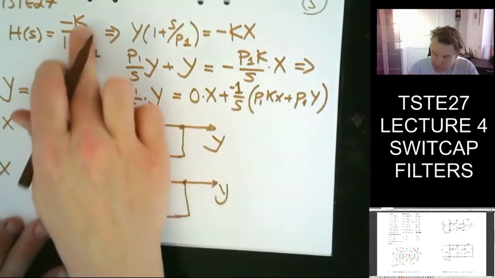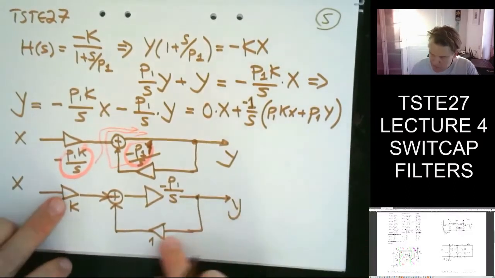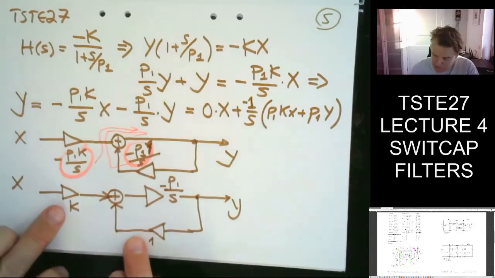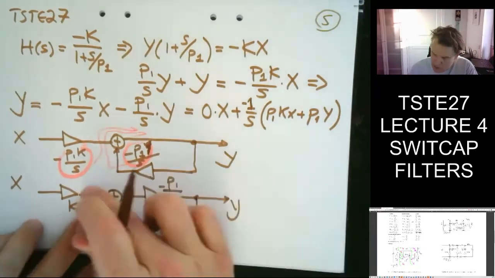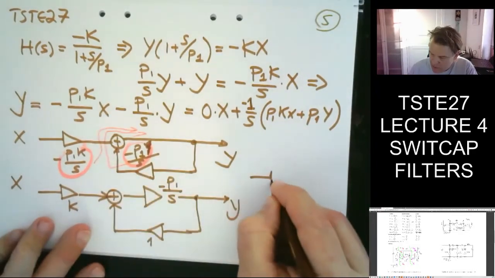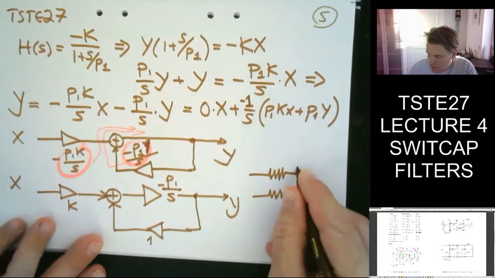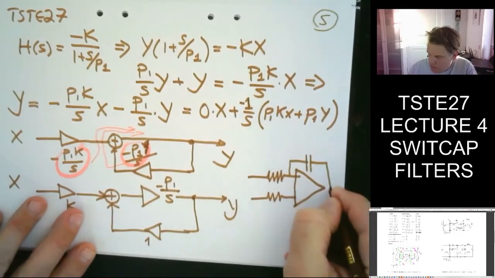Okay, we perhaps already know what the implementation will be here, but I have a summation and an integration. In this particular case, I have a summation with identical signs. So I can quite quickly realize that this is equal to a standard summing amplifier like this.